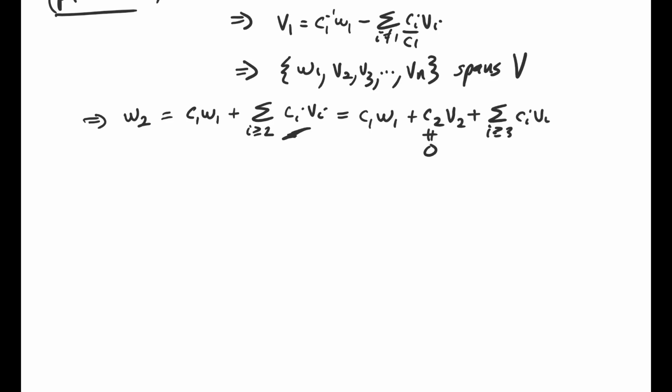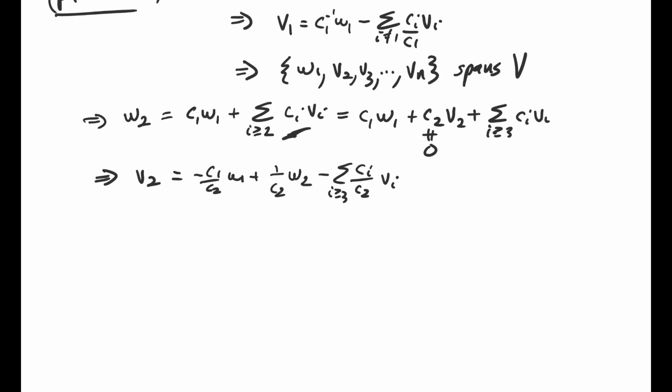All right, so we've got w2 is a multiple of w1, some non-zero multiple of v2, and a bunch of the other v's. And now we do the same trick. We can solve for v2. In other words, you can write v2 as the first w's and then all the other v's.